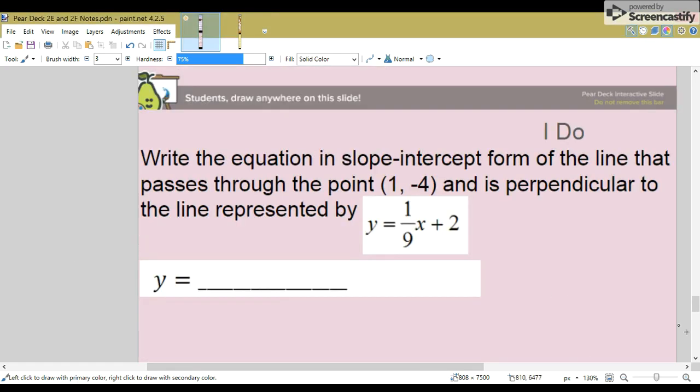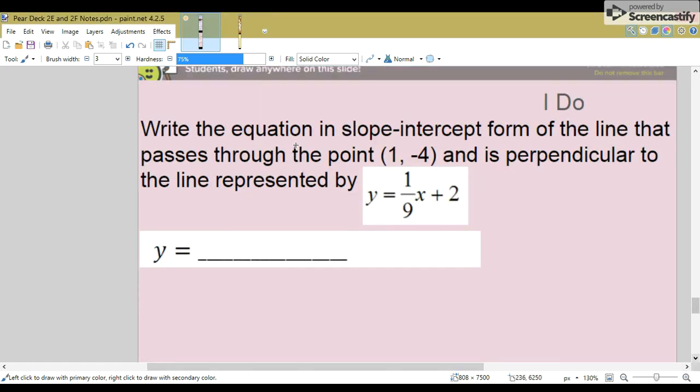Let's do the next one. Write an equation in slope-intercept form of the line that passes through the point (1, -4). It is perpendicular to the line represented by y equals 1/9 x plus 2. So first we want to identify our slope and our perpendicular slope.